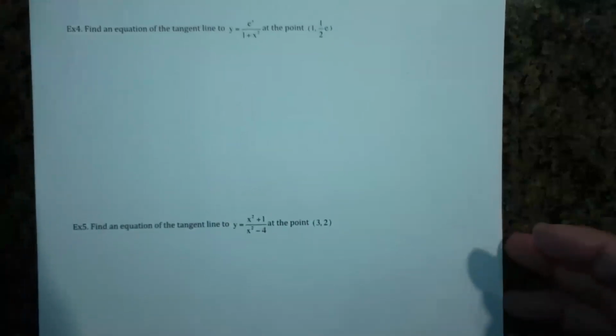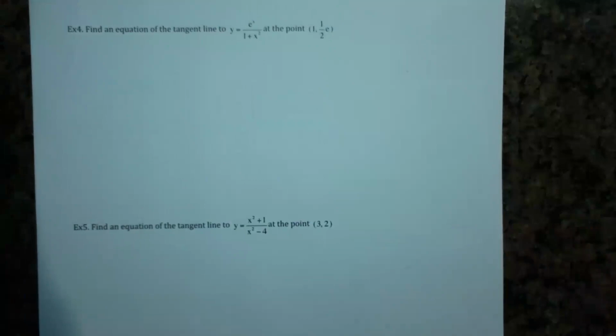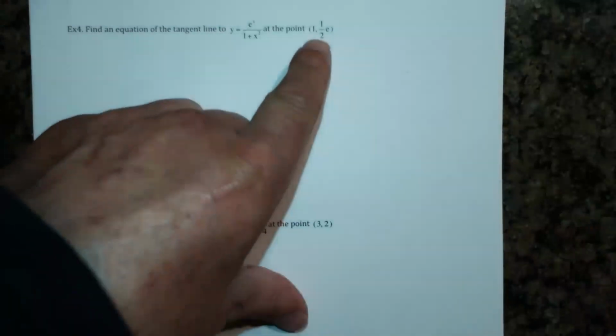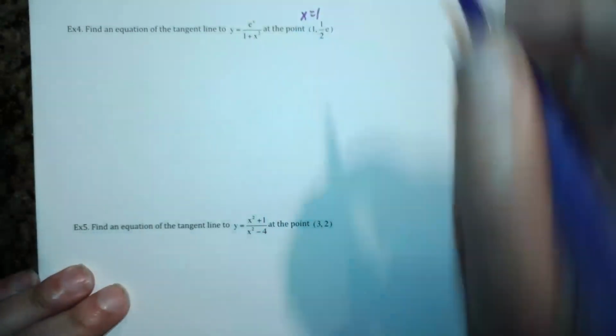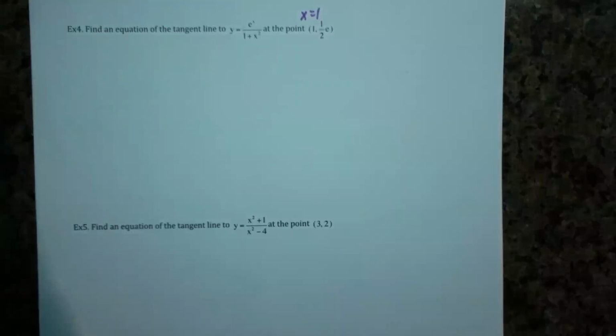All right. We're going to find the equation of the tangent line to the function y equals e to the x over 1 plus x squared at this point. And to be clear, this is at x equals 1. So we're going to have to use the quotient rule here, obviously.